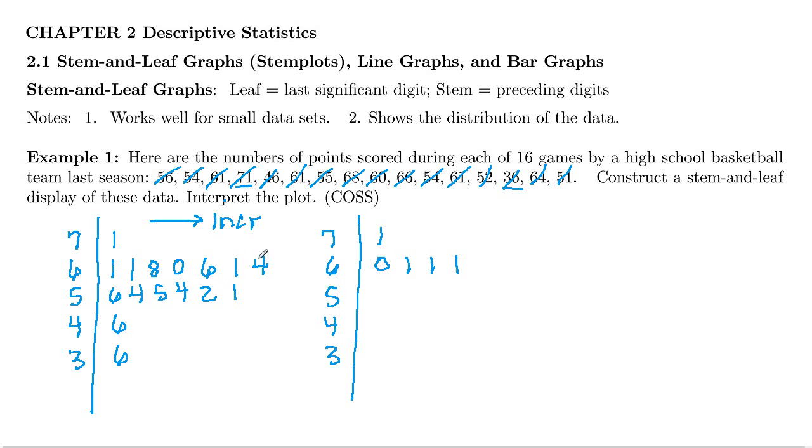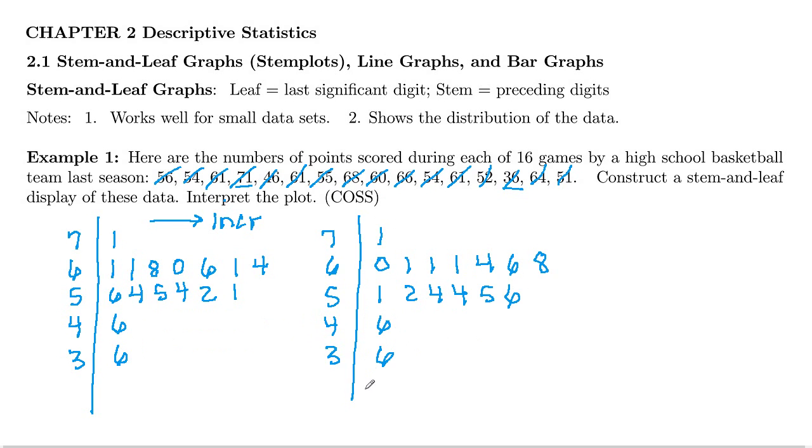And then we had a 64, 66, 68. So 4, 6, 8. So I just arranged those ones digits in increasing order. Do the same with the ones digits in the 50s. So we've got 1, 2, 4, 4, 5, 6 in increasing order. And no rearranging to do down here.